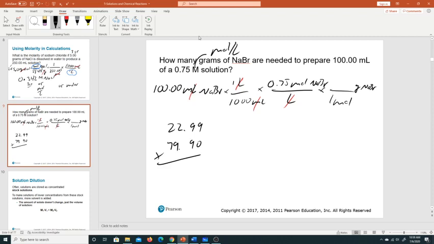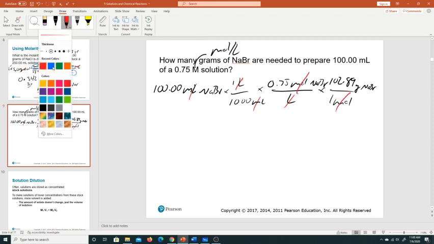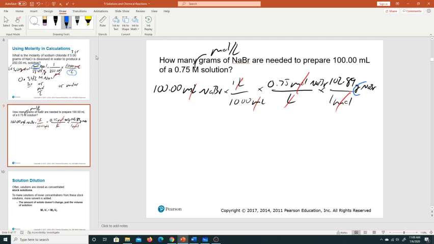Add these up, and that will give us the molecular weight of sodium bromide: 22.99 plus 79.9 is 102.89 grams. So notice now moles of sodium bromide cancel, leaving us with the units we want, which are grams of NaBr.